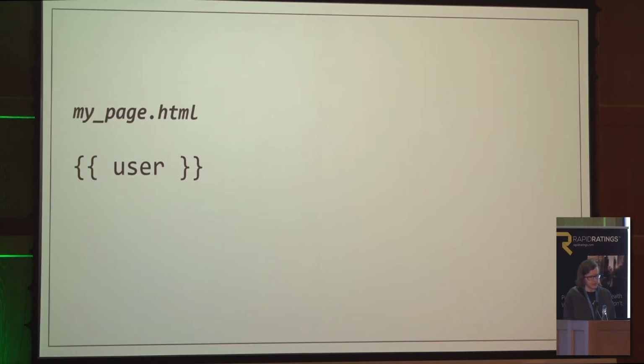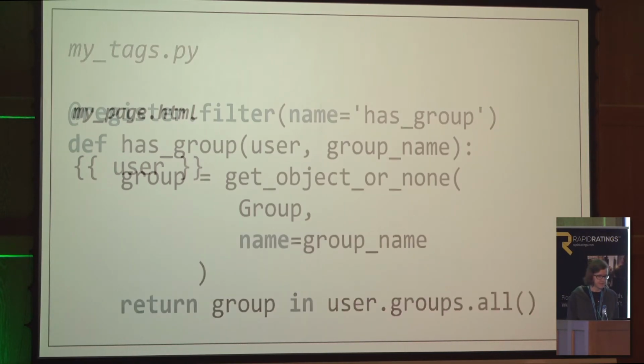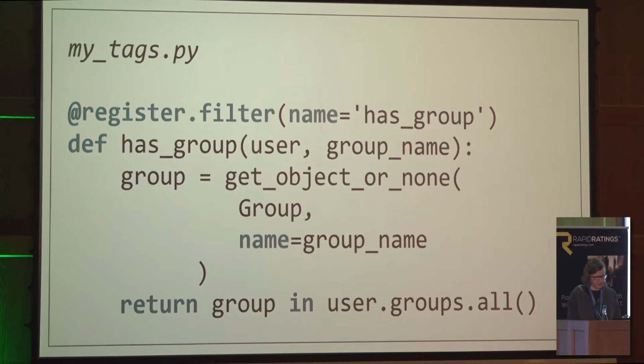So what about templates? You might remember that I mentioned we can access the user from the templates. You might also be wondering how we can check if a user is in a certain group from the template. Well, there are a few ways of doing this, but one pretty easy way that I've discovered is to use a template tag. Here is an example of a very simple template tag that will do just this.